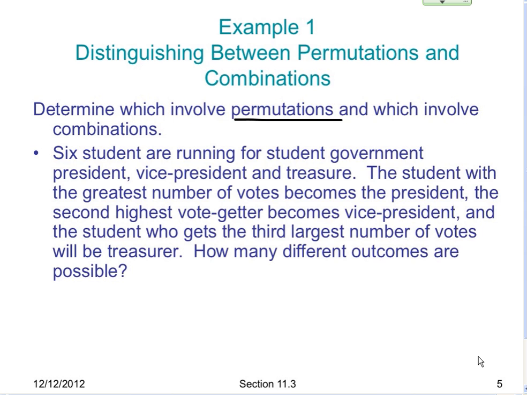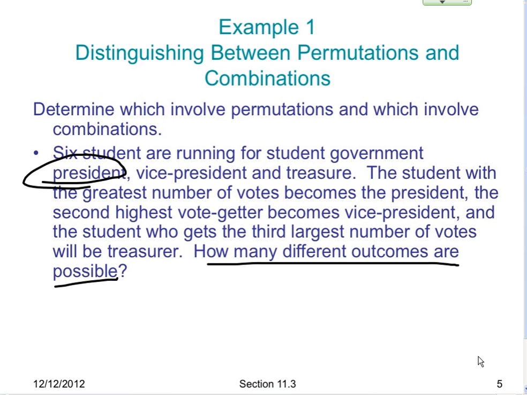Determine whether this is a permutation or a combination. I'm not actually asking you to solve it, I'm just asking permutation or combination. 6 students are running for student government. We have a president, a vice president, and a treasurer. How many different outcomes are there possible? Well, let's suppose the person we pick first becomes the president.